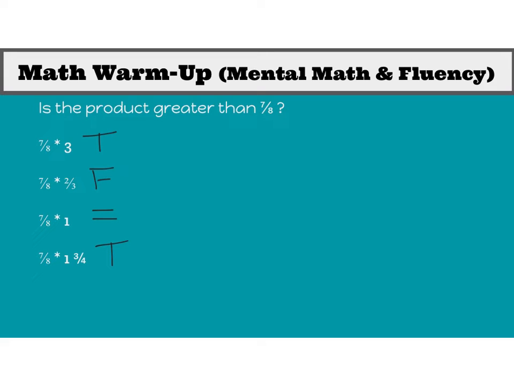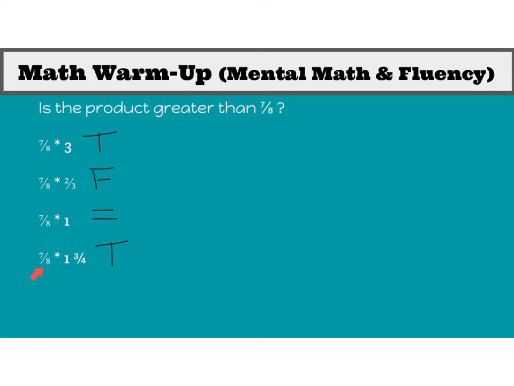All right, so let's take a look to see how you did. If we have 7/8 times 3, which 3, of course, is a whole number, so we would most definitely have a product greater than 7/8, so that one would be true. If we have 7/8 times 2/3, that is actually not going to be greater than 7/8. 7/8 times 1 is actually equal, so technically it wouldn't be greater, so if you put a false there, that would be correct.